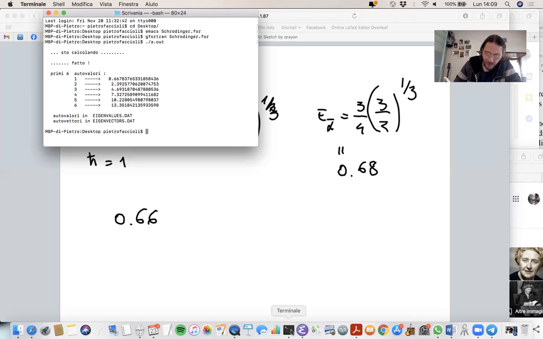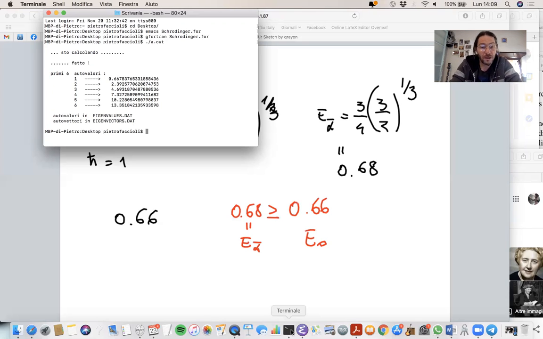And clearly, we have gotten very close, but not quite there. So I got 0.68, slightly bigger than 0.66, which means that this is the exact ground state, or at least the exact ground state estimated numerically with the scheme. And this is my variational calculation of the energy of the ground state. And it's almost right, just slightly above.